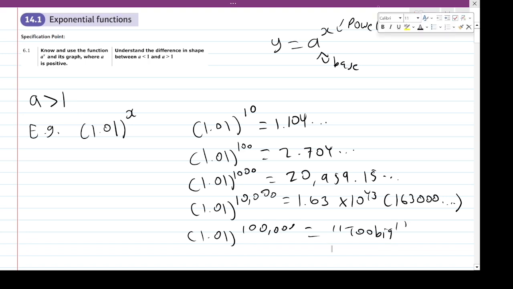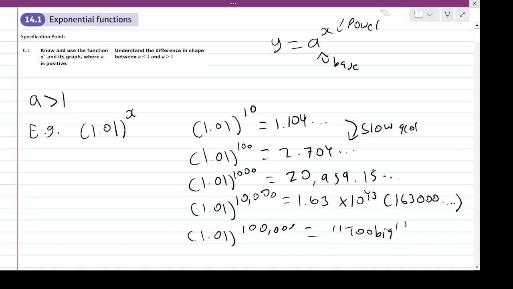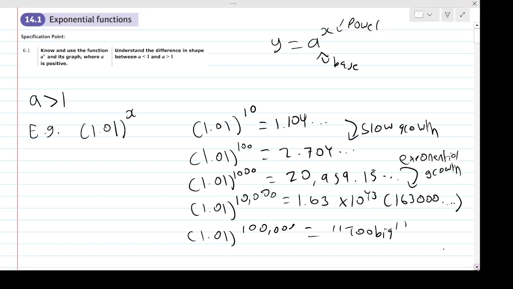So what do we notice is originally there's a slow growth, but eventually it's what we call an exponential growth. It rises, it goes up very sharply, very quickly. Hence the name exponential. So what's happening is eventually it's tending to infinity.